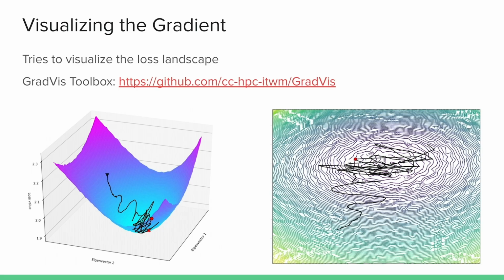There is a gradient visualization toolbox that you can try out and play around with, and there you can see how the gradient looked and how the network tried to go down to the valley, and maybe find some interesting ideas. I just have to warn you, visualizing the gradient is feasible for small problems. However, when you have a very large neural network, it can be computationally expensive to compute that visualization.